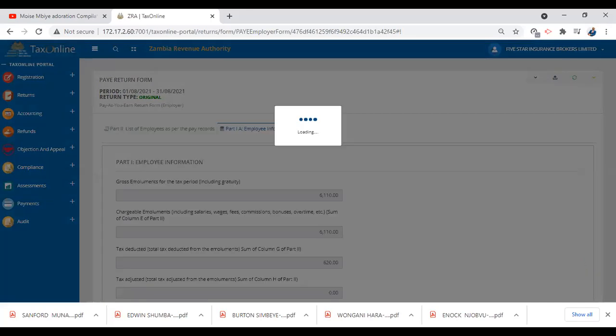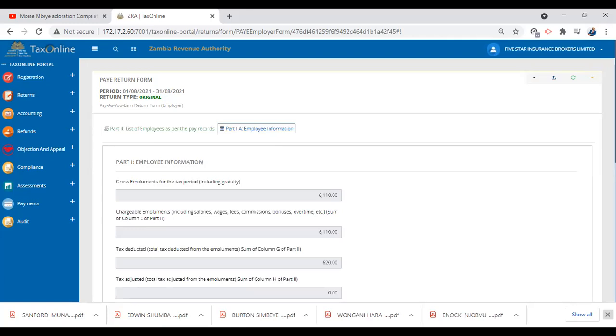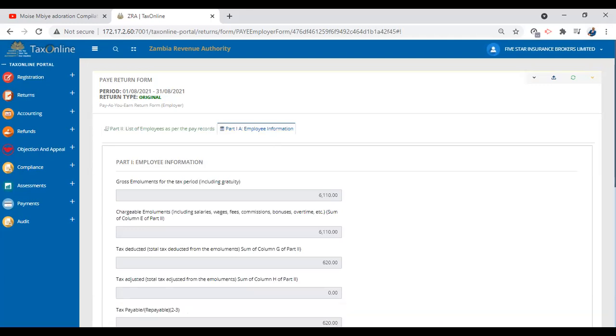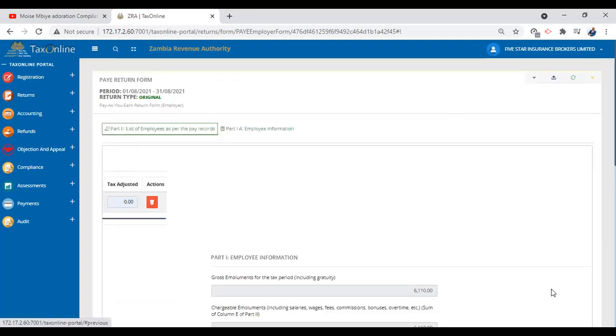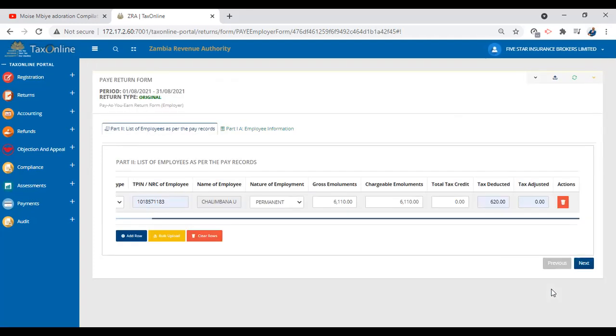Now, before we go to next, I want us to look at one aspect. Because there are some institutions who have a lot of employees, so you cannot manage typing in one by one.